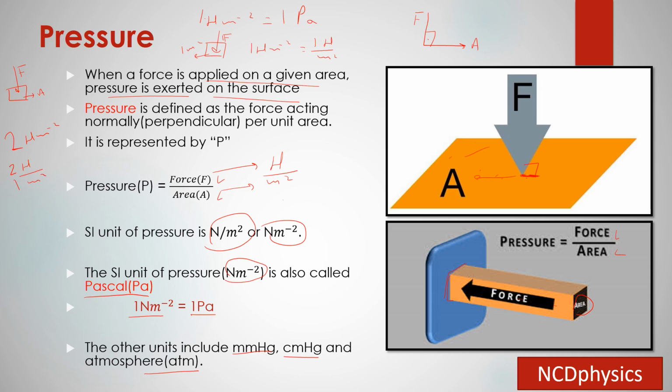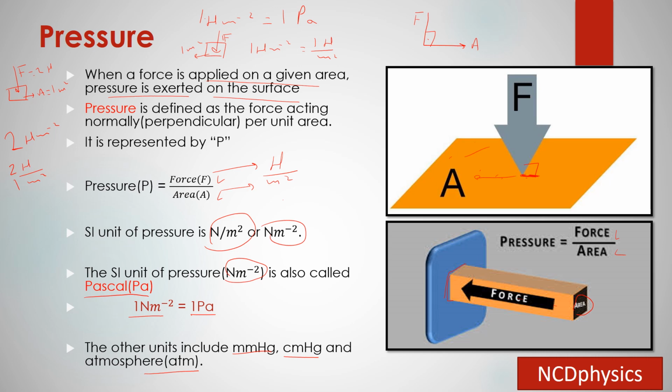It means that there is 2 Newton force acting on a unit area. Let's say this is 1 meter square. This is 2 Newton. So on each meter square there is 2 Newton force acting on it.